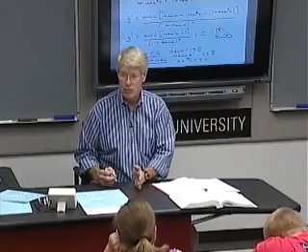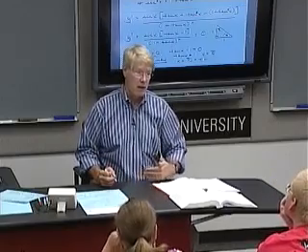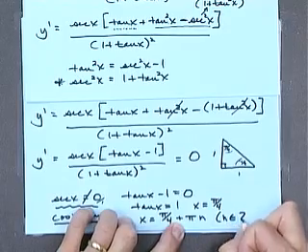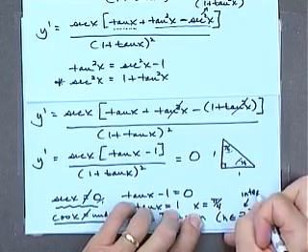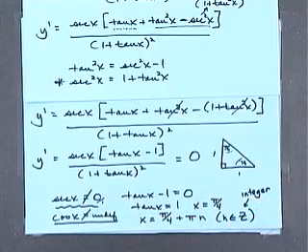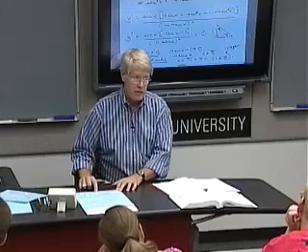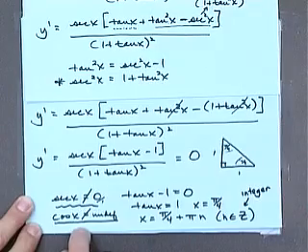Integer multiples of pi: 1 pi, 2 pi, 3 pi, negative 1 pi, negative 5 pi. So we want n to be an integer. A common symbol is a capital Z for integers. So there are the values of x. We didn't get any from this piece of the equation; these are the ones we got from this one.